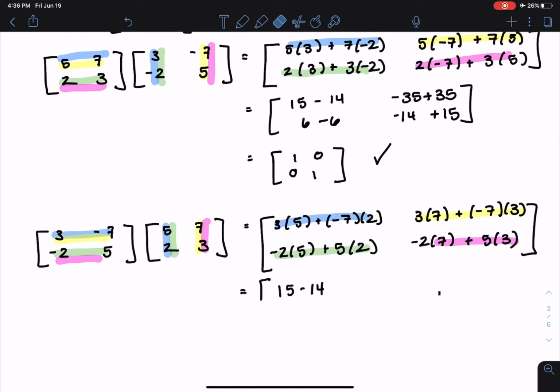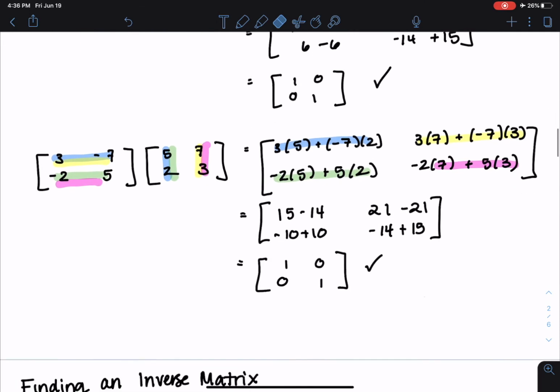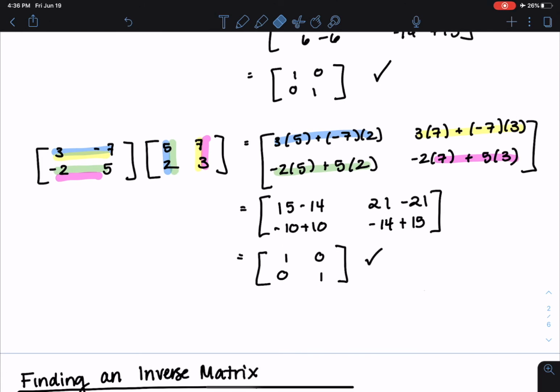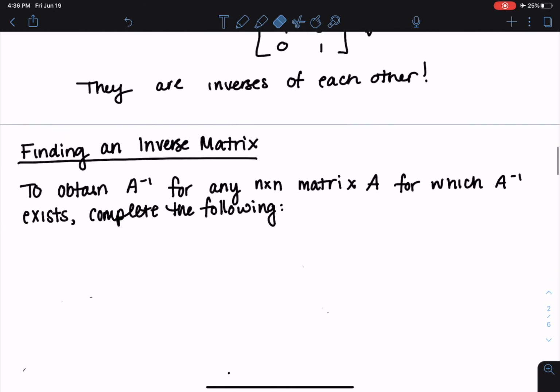If we go through it, that's going to give us 15 minus 14, 21 minus 21, -10 plus 10, and -14 plus 15, which is in fact the identity. So when you did both multiplications, you got the identity back, so we can say they are inverses of each other. So now, if I just give you a matrix, how can we go about finding that inverse?